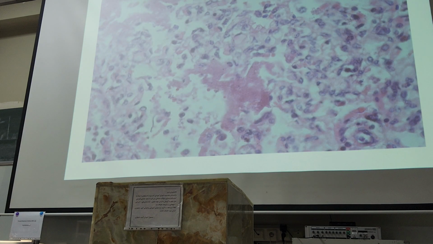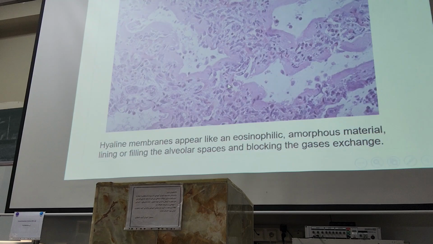It is in high power. In high power, you can see some collapsed alveolar spaces, and here is the eosinophilic material. It's a hyaline membrane. These are also alveolar spaces, and the alveolar septa are somewhat thickened, and you can see the eosinophilic material, hyaline membrane here.